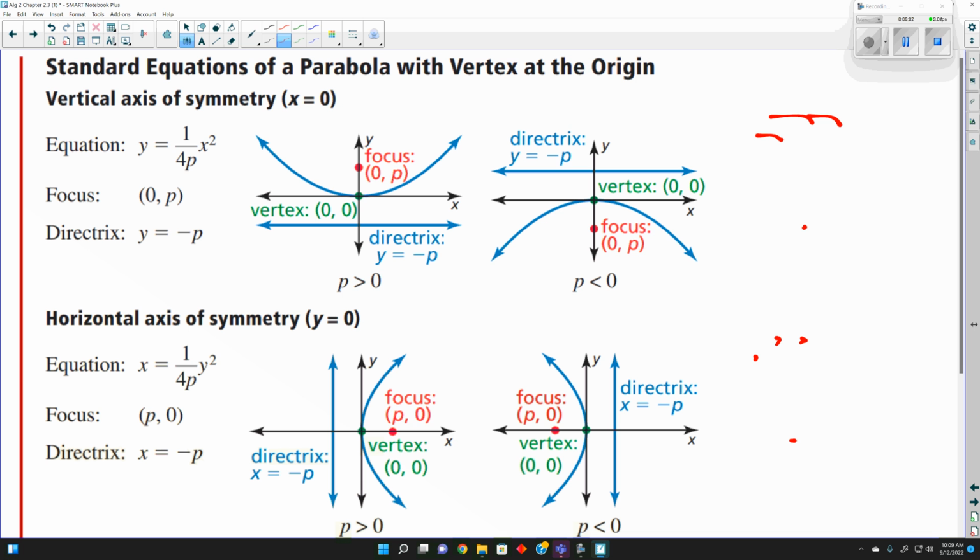And the directrix is y equals negative p. So when we have the equation y equals 1 over 4p times x squared, the focus is 0, p. The directrix is y equals negative p. And the axis of symmetry is x is equal to 0.